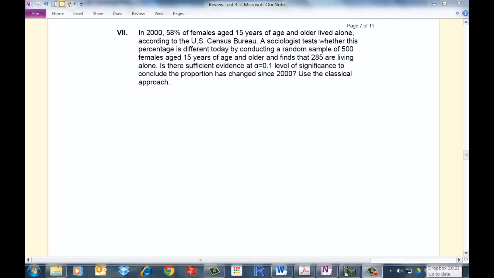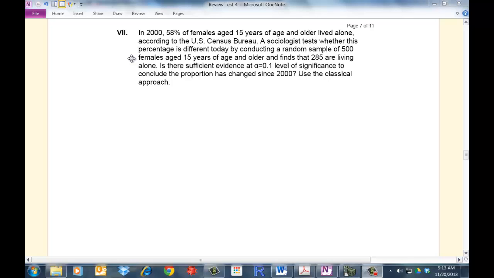Okay, let's move on to question 7. In 2000, 58% of females age 15 years of age and older lived alone, according to the U.S. Census Bureau. A sociologist tests whether this percentage is different today by conducting a random sample of 500 females aged 15 years of age and older and finds that 285 are living alone, 285 of the 500.